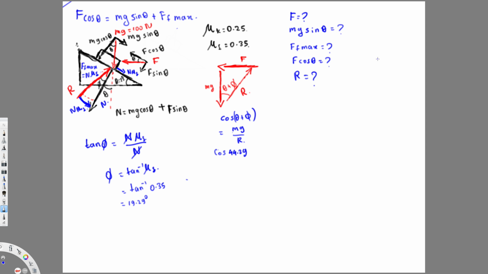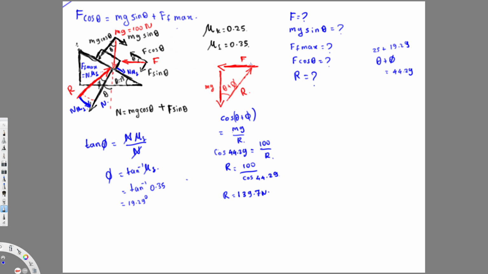Let's write this somewhere here to avoid confusion. So cos 44.29 is mg, which is 100, given, over R. From this I can calculate R. R is equal to 100 over cos 44.29, and it gives us R is equal to 139.7 Newton. So this is my R.